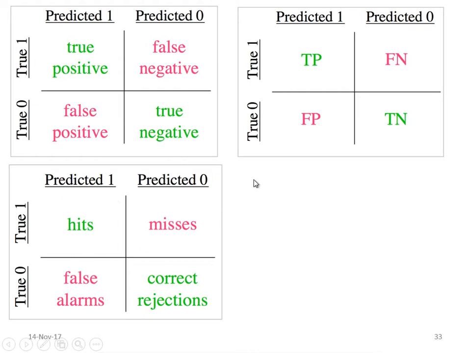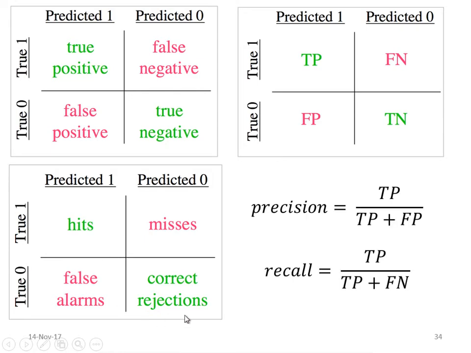And then this is the precision and recall. Precision is the true positives over all the detections. So if you have 100% precision, it means everything you detect is really a true object.